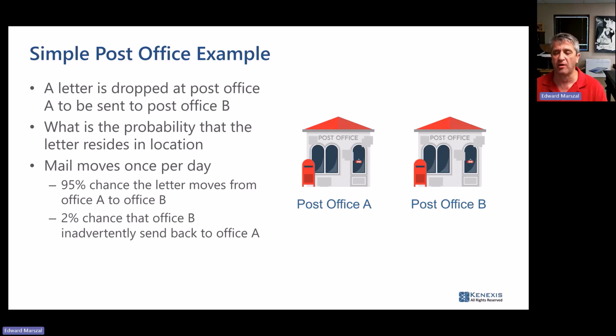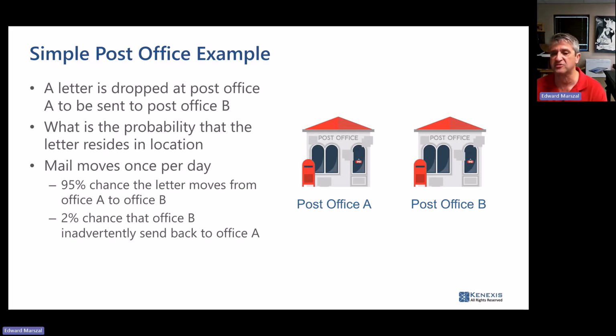Instead, I'm going to use Markov models to try to determine where my letter is after I drop it off at the post office. So let's say we live in a world that contains 2 post offices. Post office A is where I live. Post office B is in the location of the addressee.